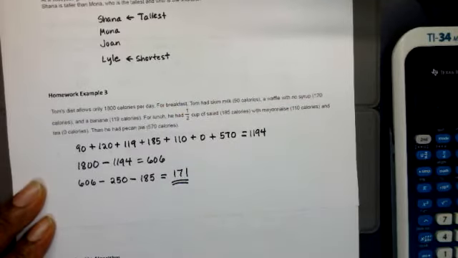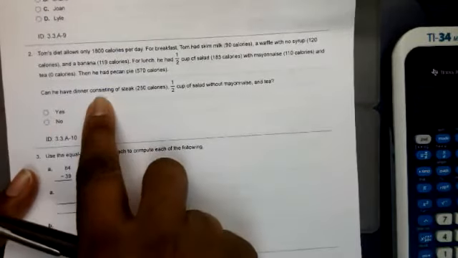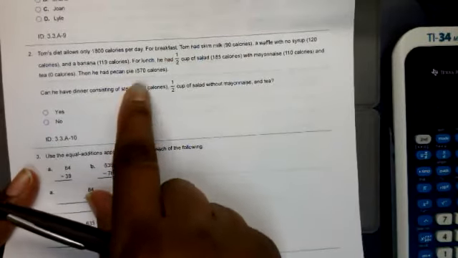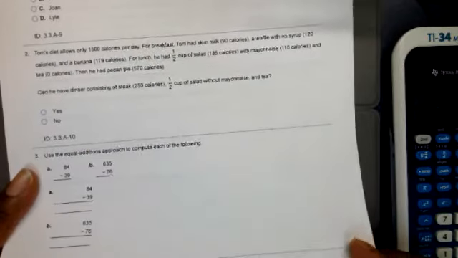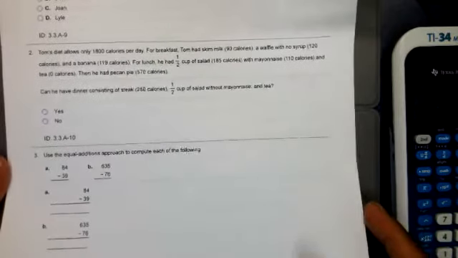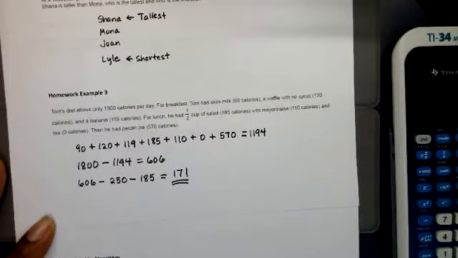So in this case, to answer this question, he can have the dinner consisting of a steak and a half a cup of salad without the mayonnaise and the tea. Okay.